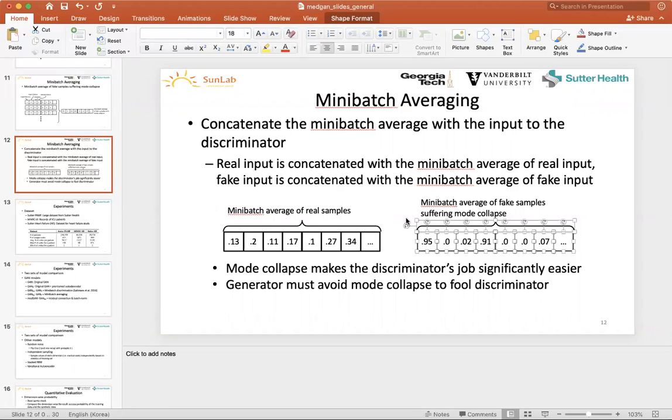You want your mini batch of samples to be more diverse, and in MedGAN, you encourage that by simply providing to the discriminator the mini batch average, which is very intuitive. If we're talking about binary data, then it's either something happens or it doesn't, and if you calculate the mean occurrence probability per column, then it's very intuitive what that means.